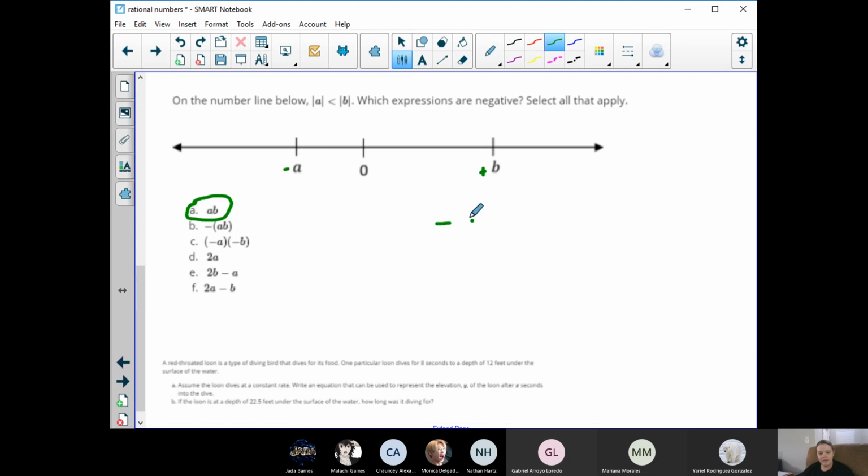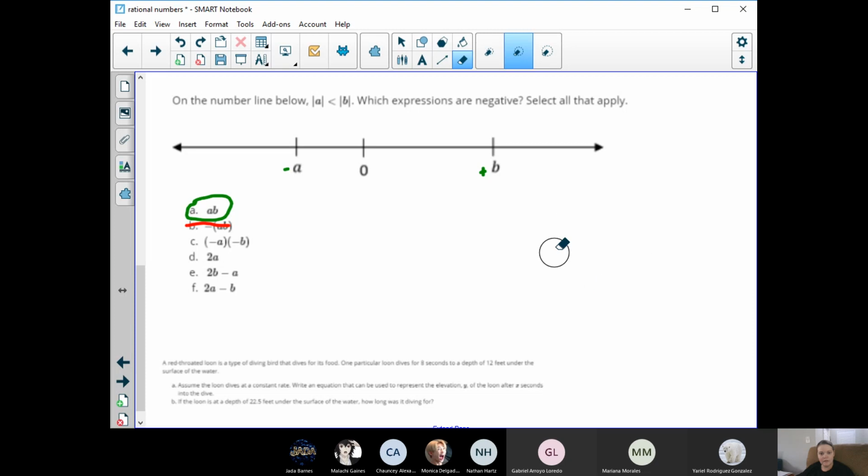So if I have negative A times B, we said that's going to be a negative answer. If I have the opposite of negative A times B, is my answer going to be positive or negative? Positive. You're right. It is positive because we're taking the opposite of a negative, which would be a positive. So we know that answer is not going to be a negative answer.